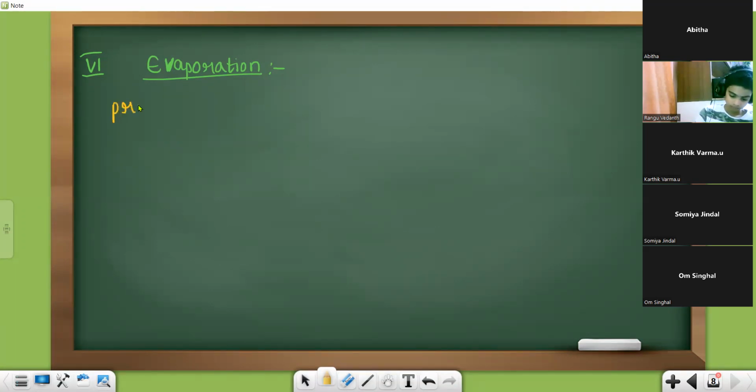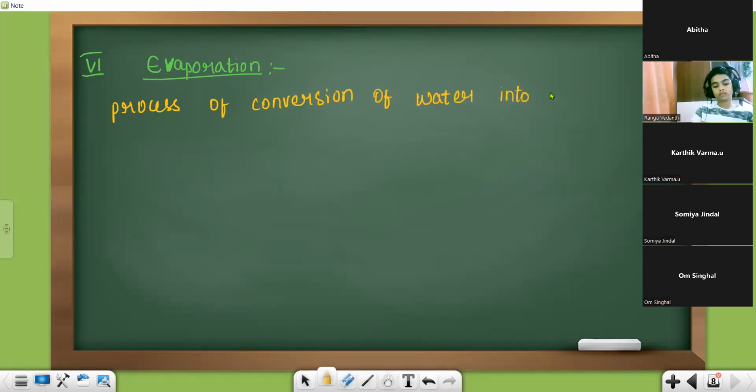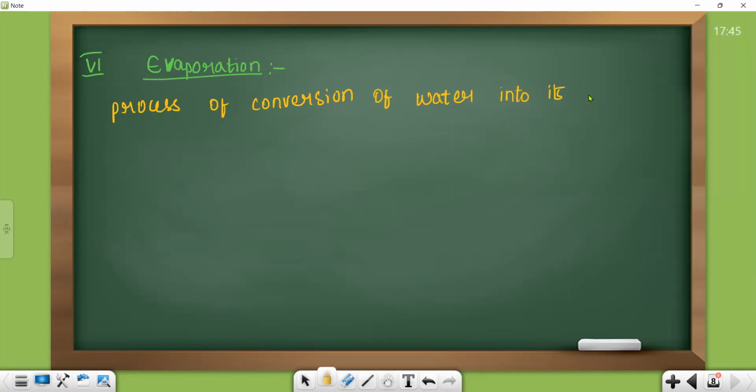So the process of conversion of water into its vapor below its boiling point is called evaporation.